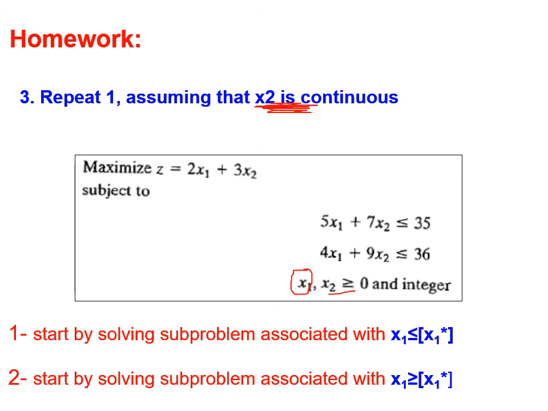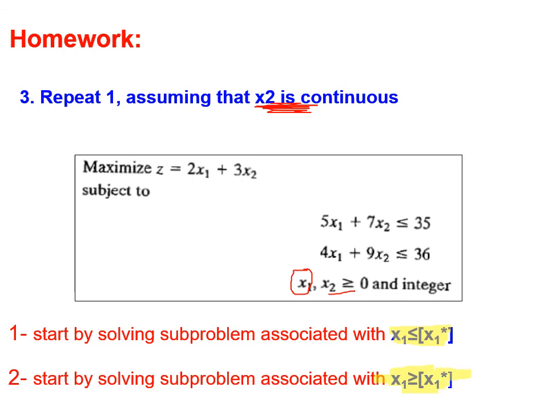In the first one, please solve the problem. Okay, when you solve the root node, you will most probably end up with an x1 value which is non-integer. Then you will branch it so that x1 will be less than or equal to some value on the one side, and on the other side x1 will be greater than or equal to some value.